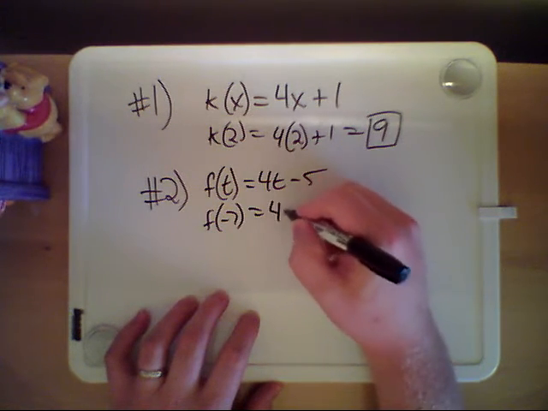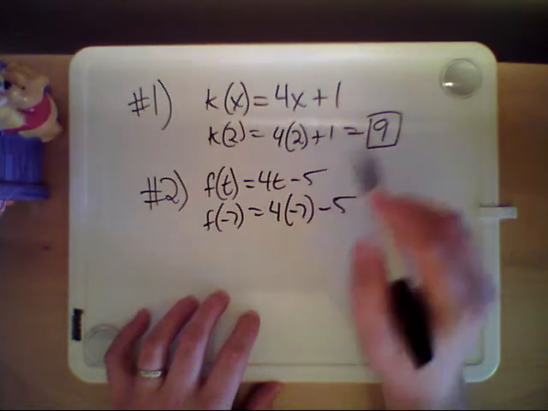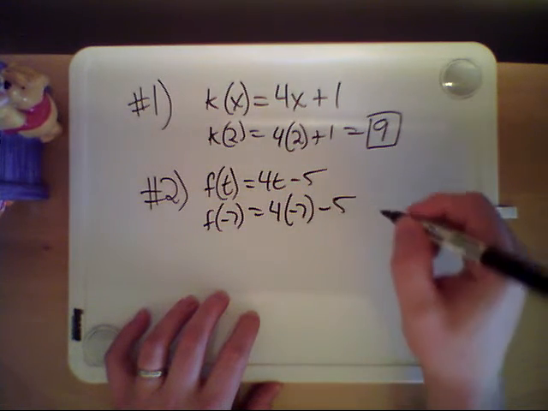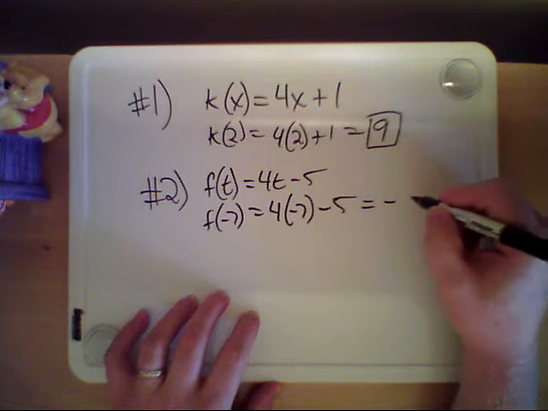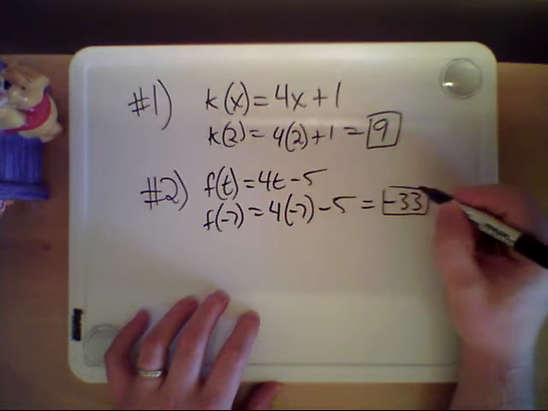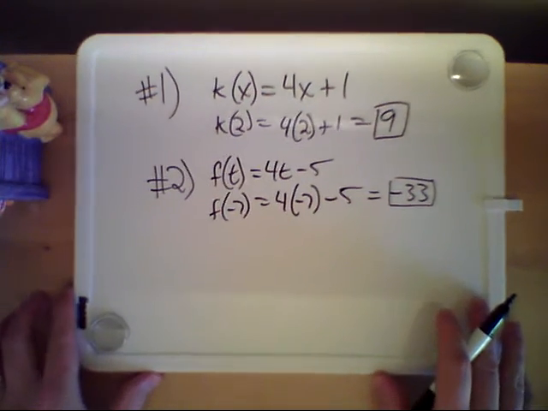So it's going to be 4 times negative 7 minus 5. 4 times negative 7 is negative 28. And negative 28 minus 5 is negative 33. Never trust my arithmetic.